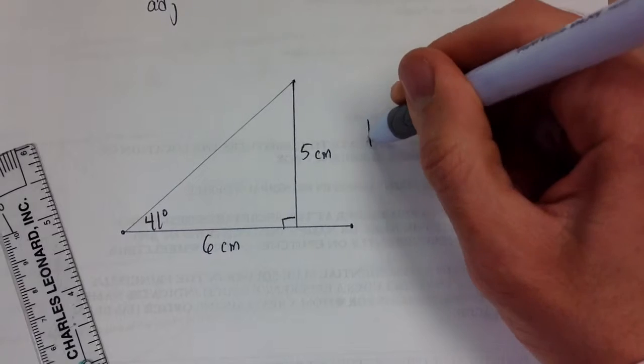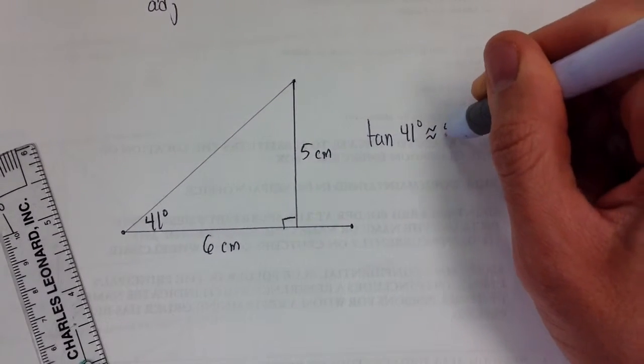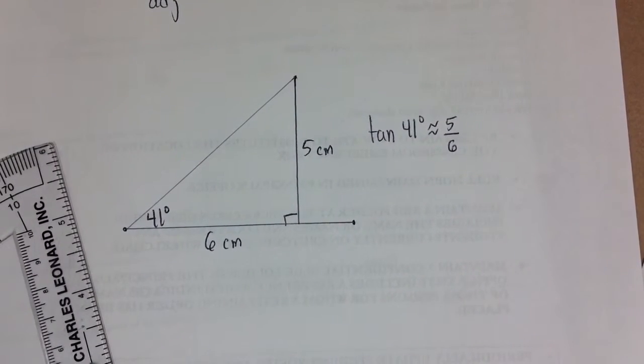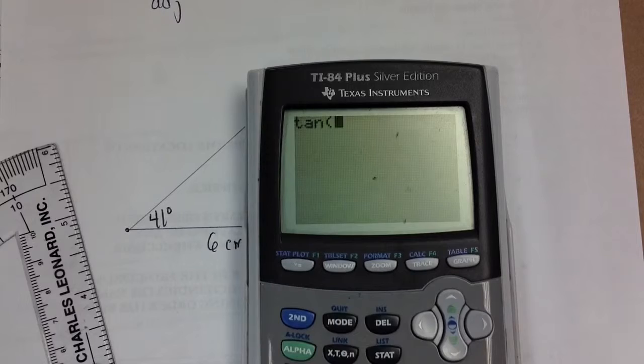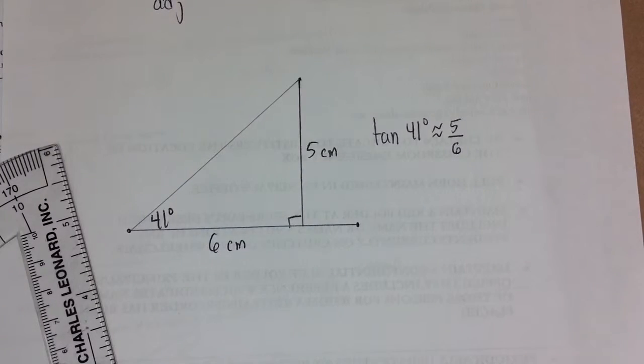Therefore, this thing we call tangent, I expect it to be about 5 to 6. Let's look at what it really is. Okay, it's really 0.87. Like I said, I don't care about precision right now. I just care about conceptual understanding.